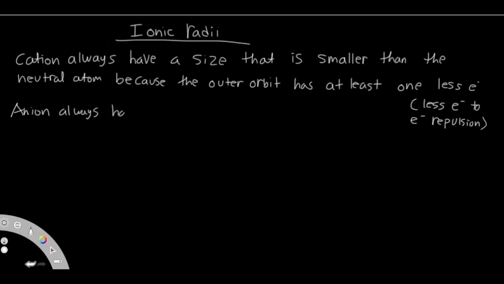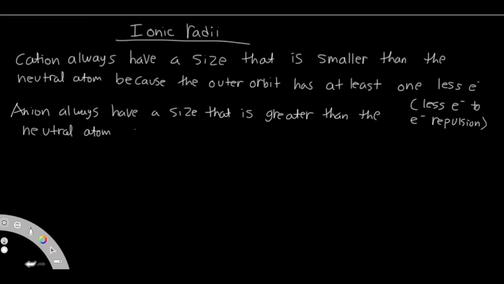Anions always have a size that is greater than the neutral atom, because the outer orbit has at least one more electron.